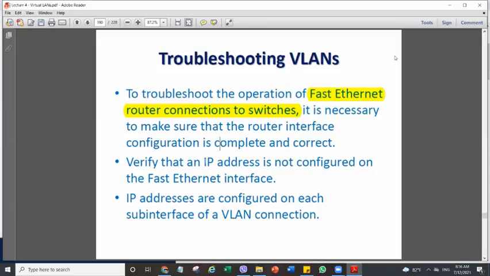Then it says verify that an IP address is not configured on the Fast Ethernet interface. I think obviously it should be the router interface.